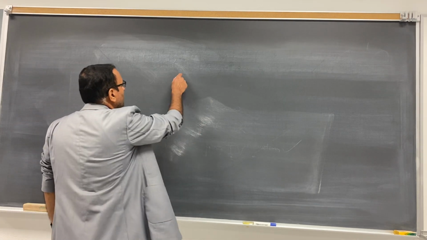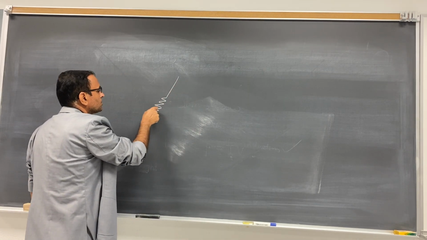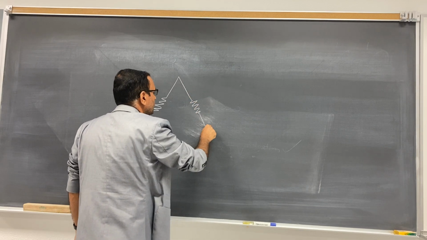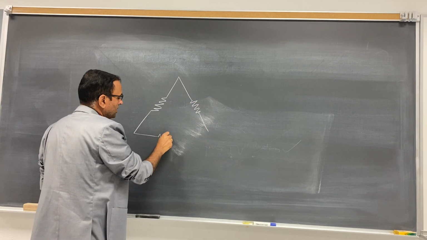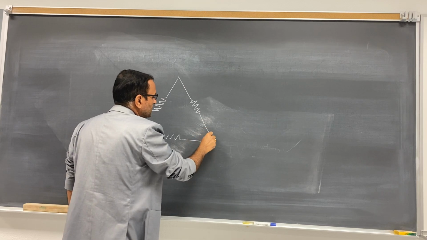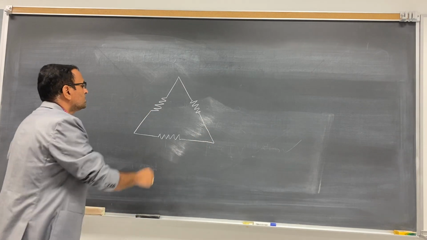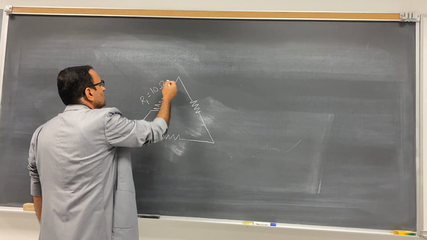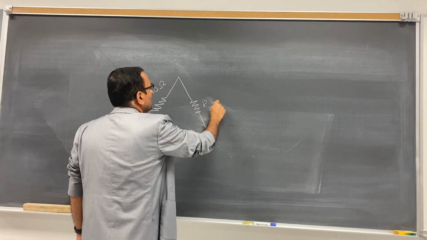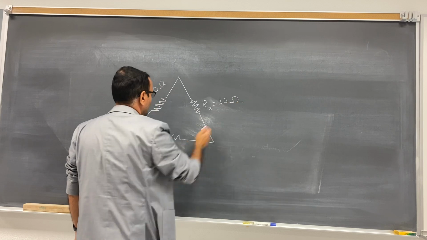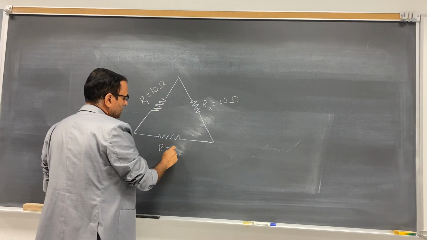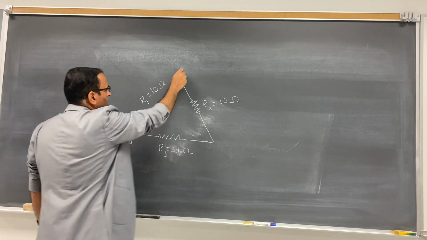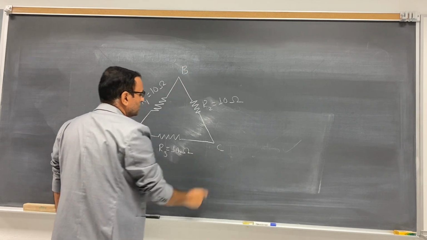So for example, let us suppose you have a combination like this, which we already talked about. Consider this is R1, say 10 ohm, this is R2, also 10 ohm, and this is R3, also 10 ohm, and let me call the points A, B, C here.